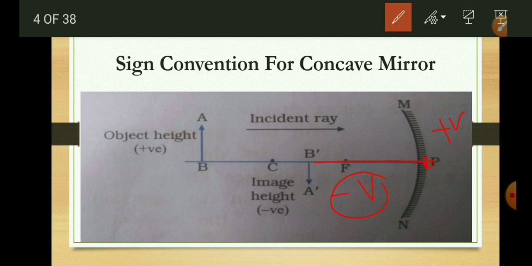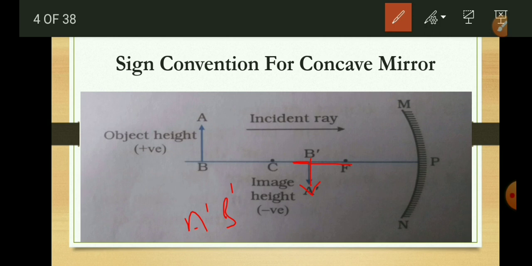Next is height of image. Height of image is taken as positive in case of erect image and taken as negative in case of inverted image. Here, this A dash B dash is our image, and this is the height of image which is perpendicular to the principal axis but in the downward direction.